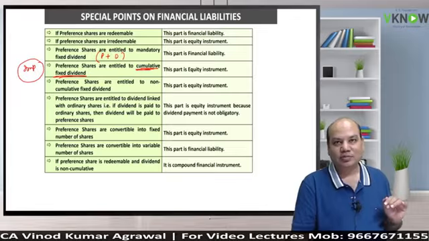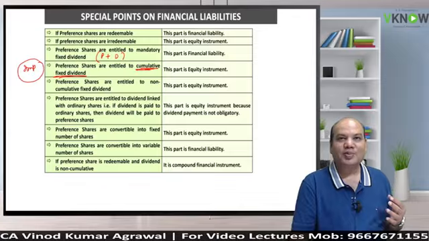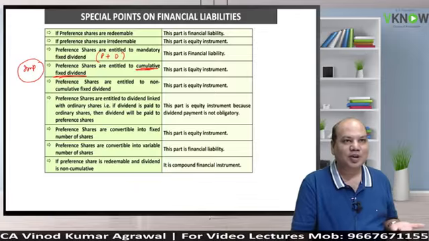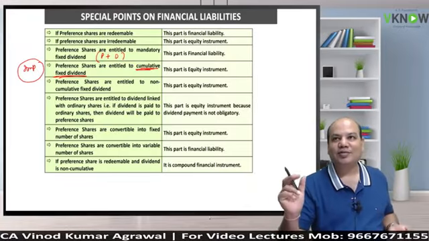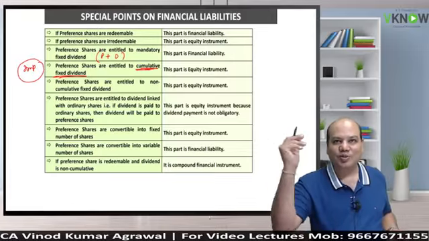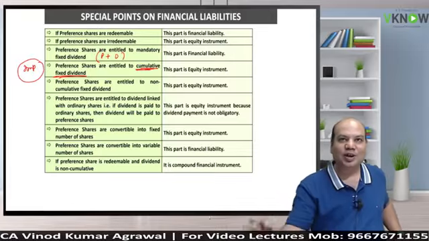Correct? But my question is, what if it is not paid in the second year, third year, fourth year? Can the company stretch it for a very long time? Yes. No company can be forced to pay it. Let it accumulate till the company goes into liquidation.